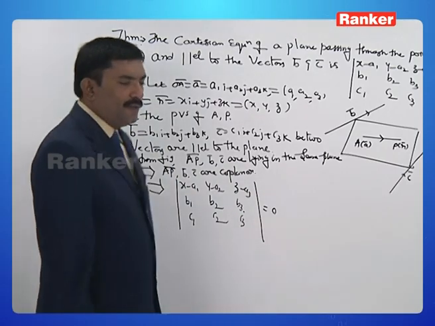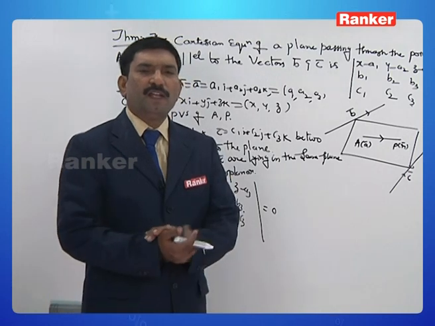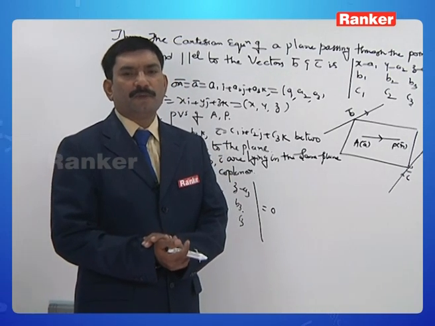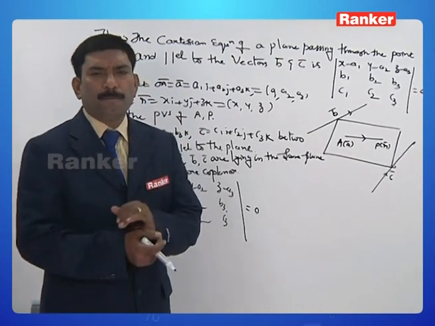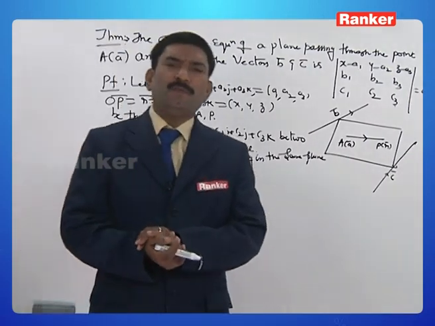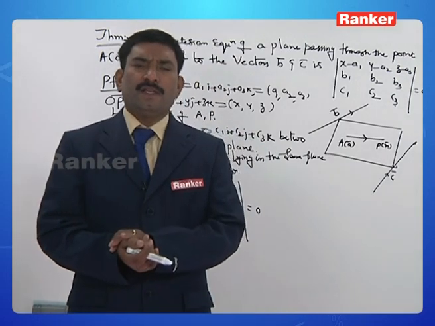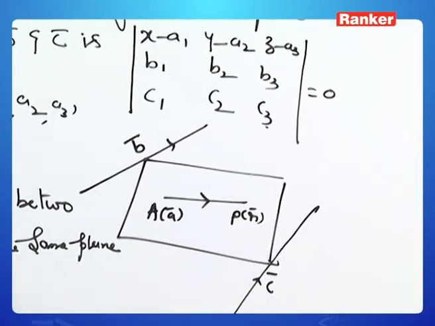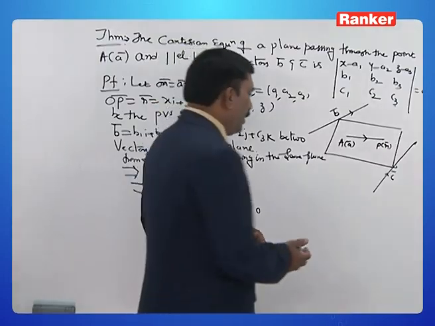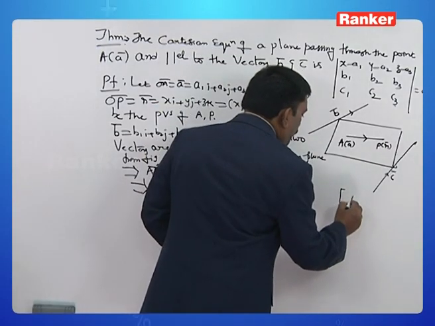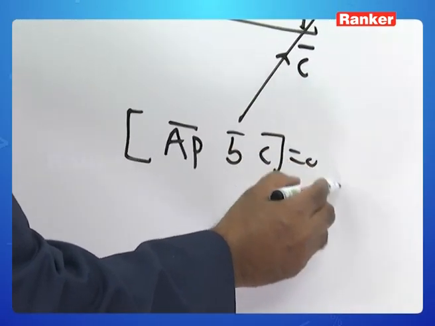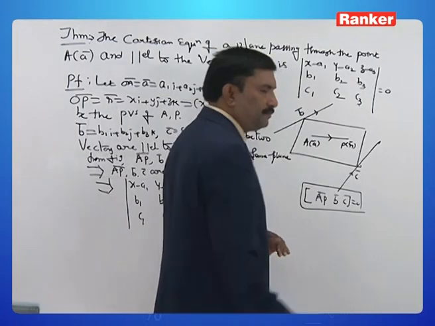As I told, coplanar vectors are linearly dependent. One is the linear combination method, the other one is the determinant method. For the determinant method, if you get into the multiple product of vectors, the necessary and sufficient condition for any three vectors to be coplanar is box of AP bar, B bar, C bar is equal to 0.